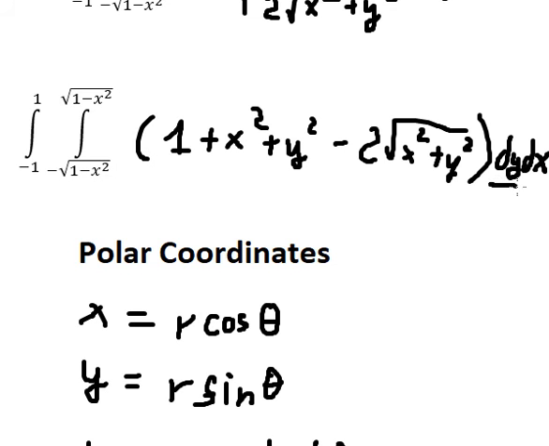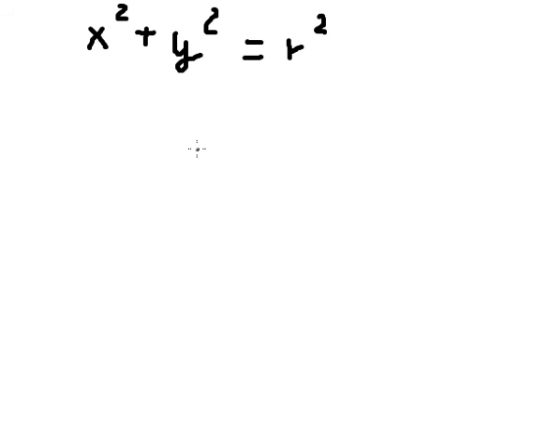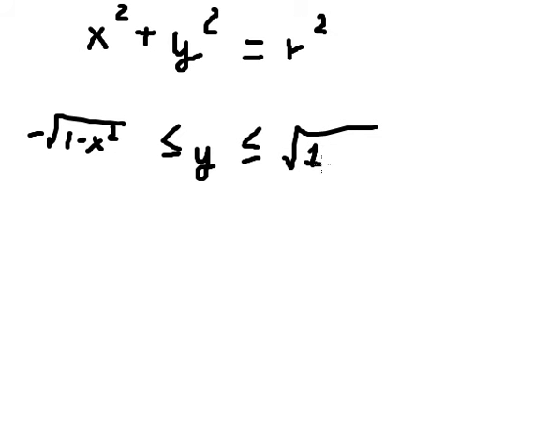So we have dy, so y is between negative the square root of 1 minus x squared and the square root of 1 minus x squared. About x, that is from negative 1 to positive 1.